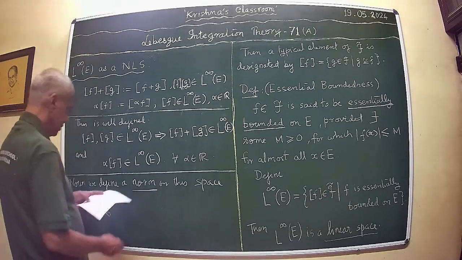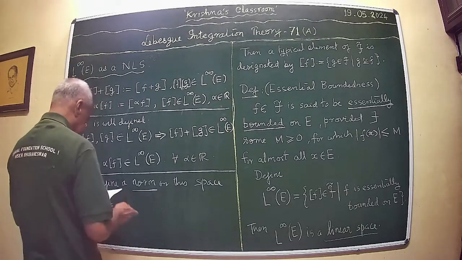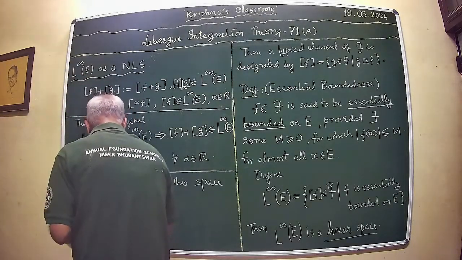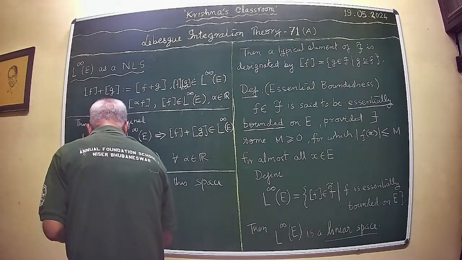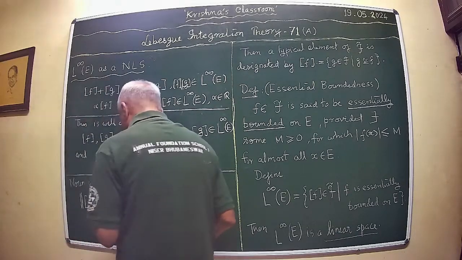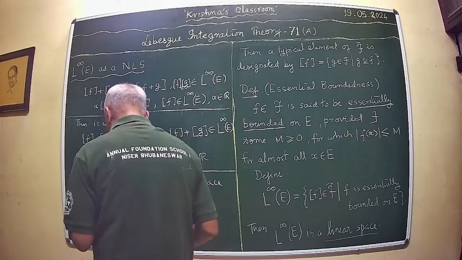The norm of f is defined as the infimum of the essential upper bounds of f.